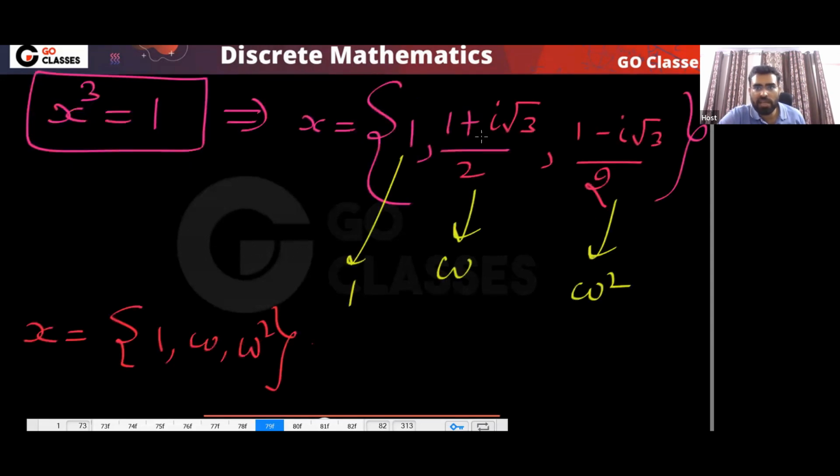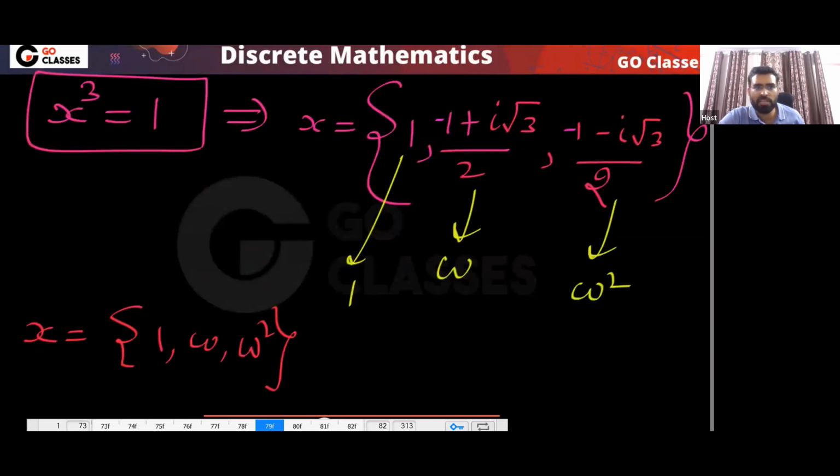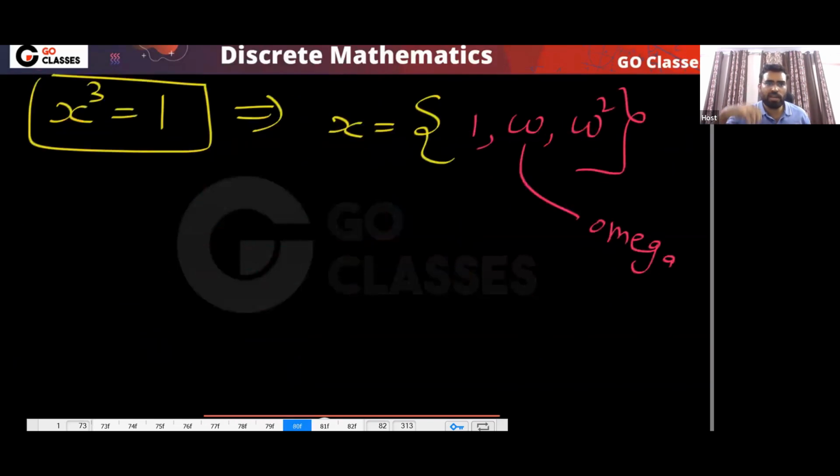This is the value of omega, and this is the value of omega square. If anyone asks you what is omega, this is the value of omega: -1 plus iota under root 3 by 2. And this will be the value of omega square. So this is the final point: if you have this equation, then these will be the solutions.